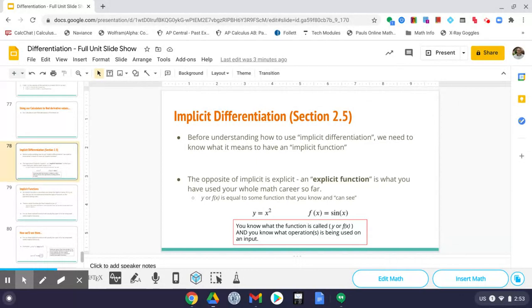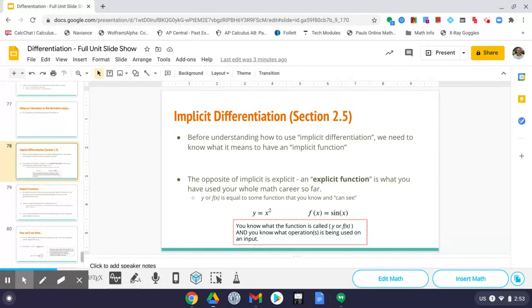And an explicit function is actually something that you've been using your entire math career. This probably wasn't described in that way, or those words weren't used when talking about the function you're using. And so what that means is an explicit function is a function where everything is told to you. So you know everything about that function.